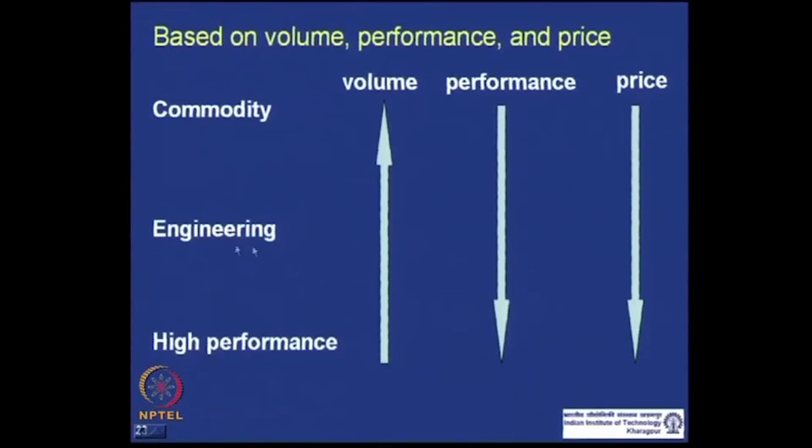The other two are engineering polymers and high performance polymers. Volume goes up like this, you have more volume for commodity polymers, and performance goes up in this direction, the high performance polymers having the highest performance, and so does the price. Nothing comes cheap. As you get more performance from the polymers, you have to pay more, so prices also go up.